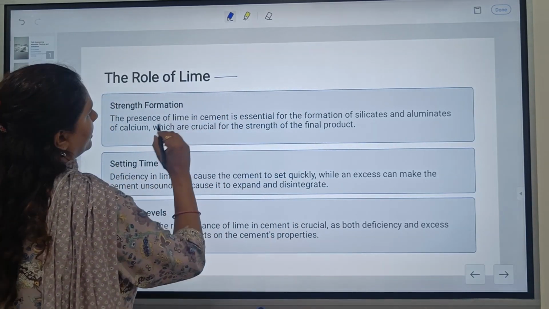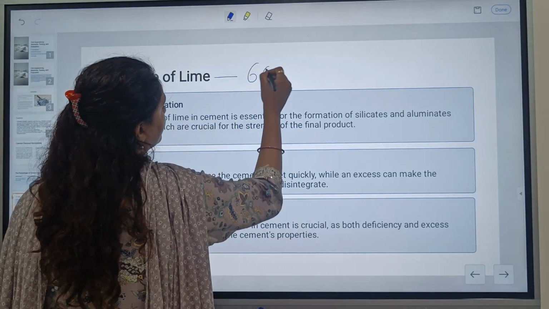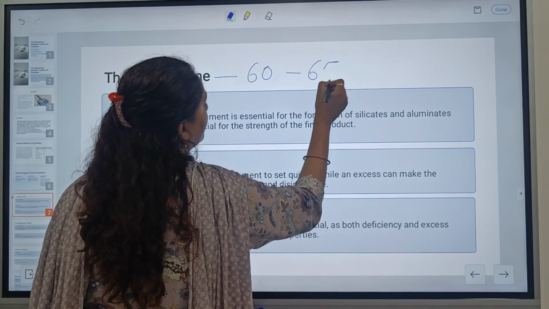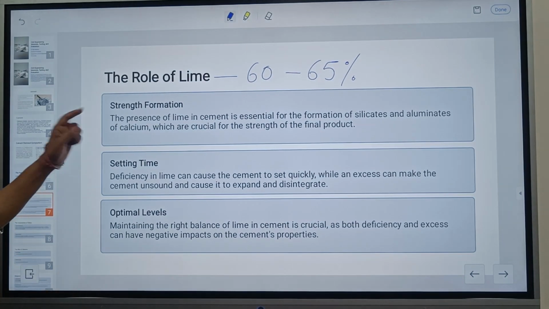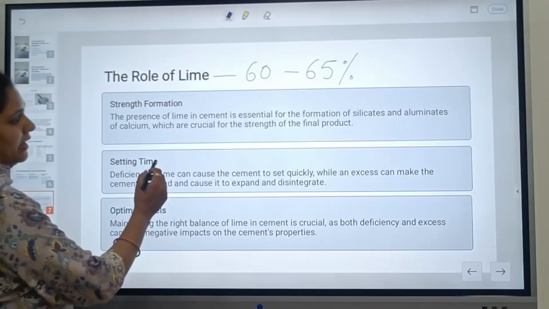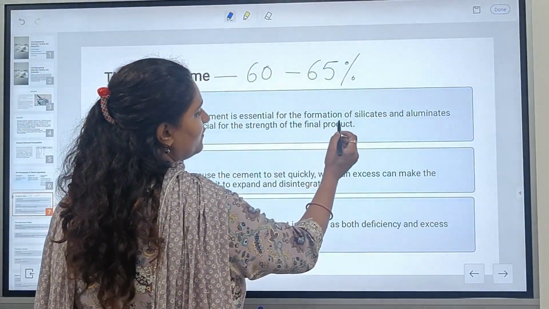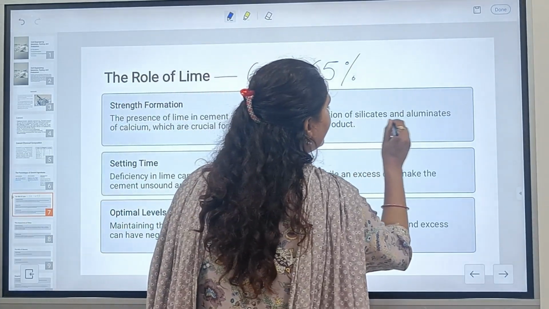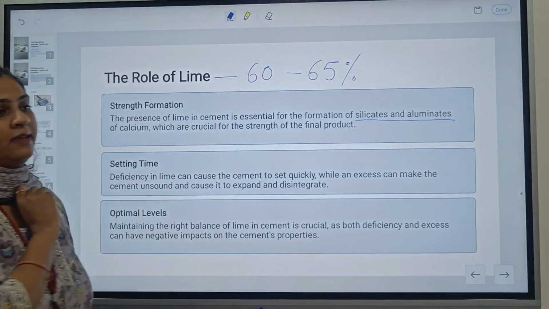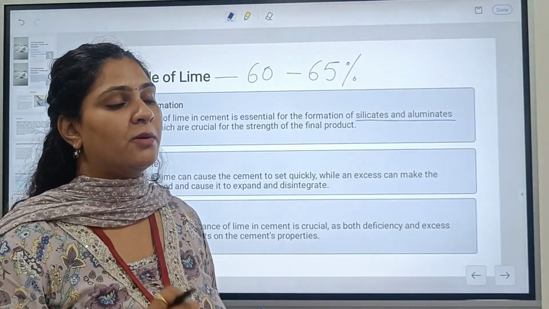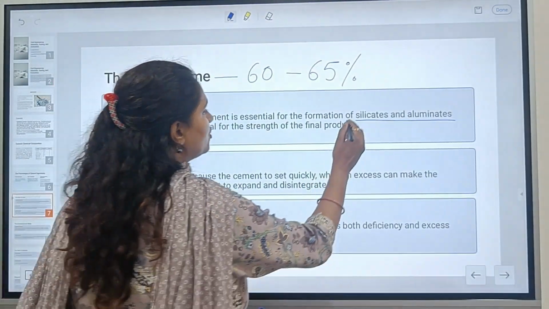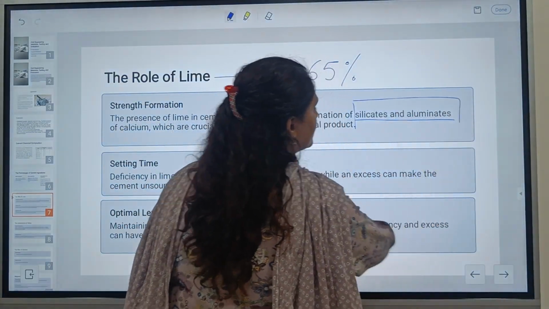Lime is in the range of 60 to 65%. The presence of lime in cement is essential for the formation of silicates and aluminates. When we talk about strength and binding, these two play the major roles.